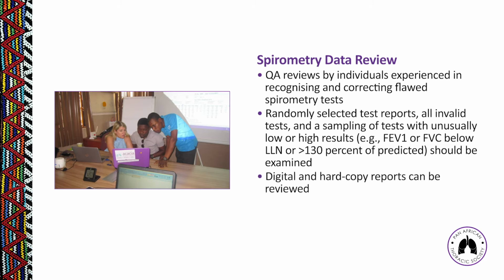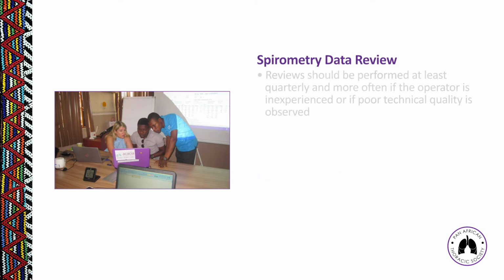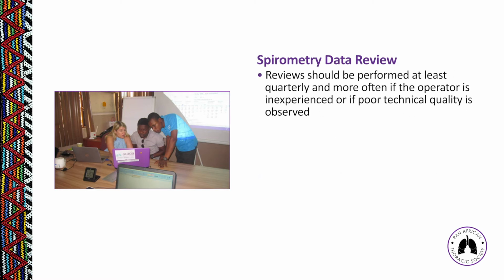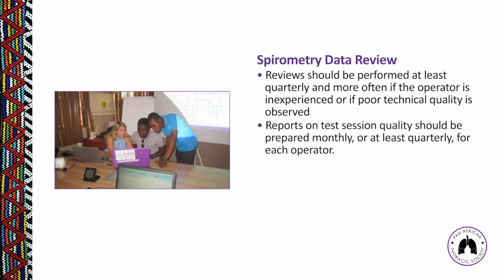Though electronic tracings and records are evaluated most efficiently, hard copy reports can also be reviewed. Reviews should be performed at least quarterly and more often if the technician is inexperienced or if poor technical quality is observed. Reports on test session quality should be prepared monthly or at least quarterly for every technician.